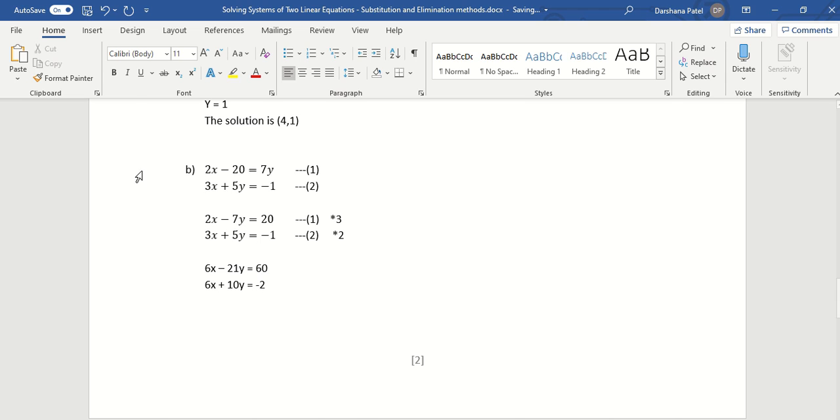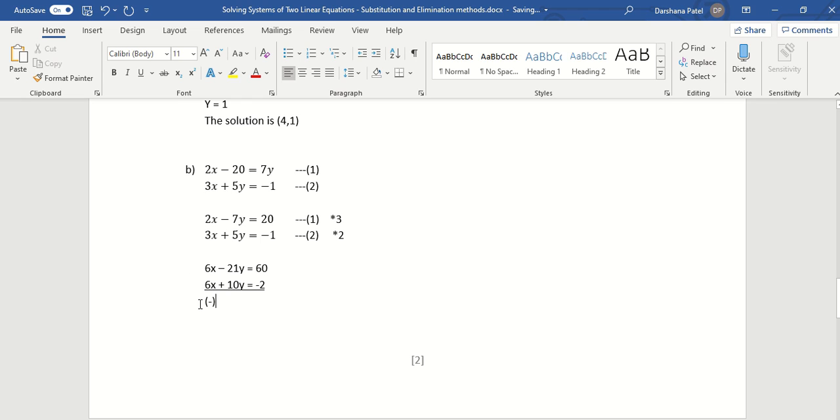Now that 6x and 6x both have positive values, both are the same sign, we will subtract this equation. So I'll just put a negative sign here to show that we are subtracting them.